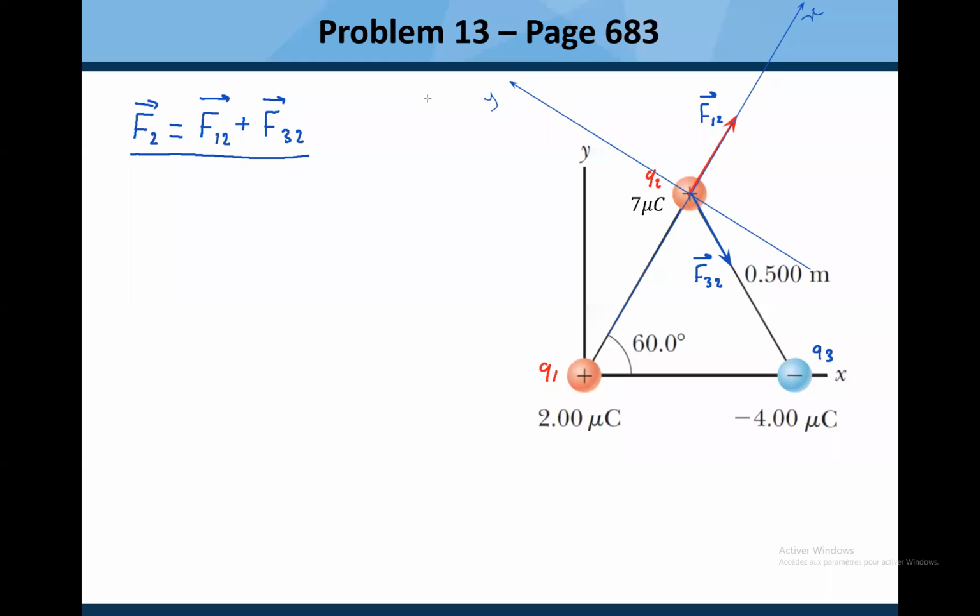We draw the components of each one. F12 has only one component, on the x-axis. F32 has F32y and F32x.